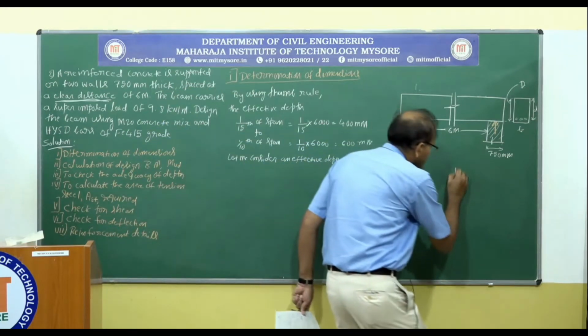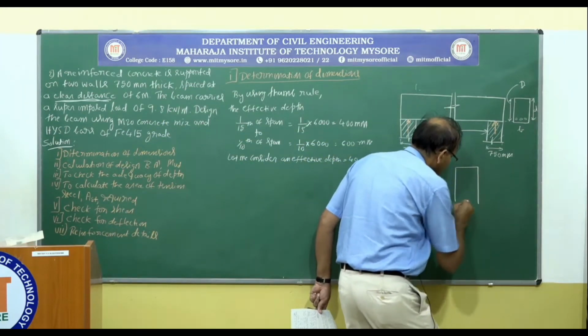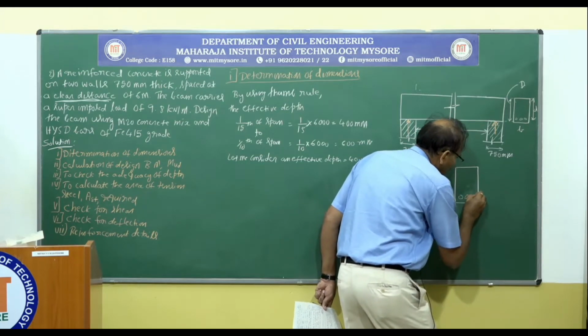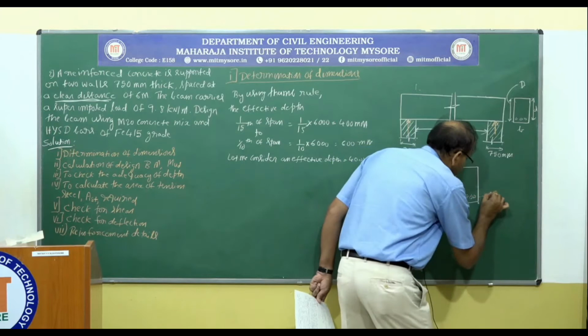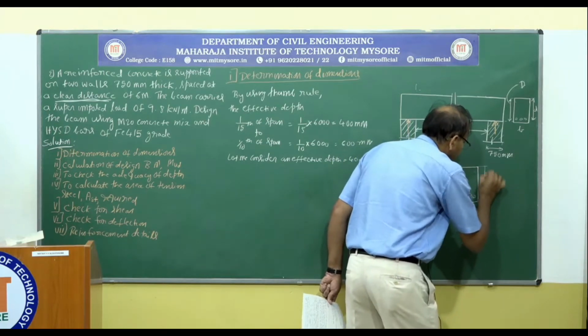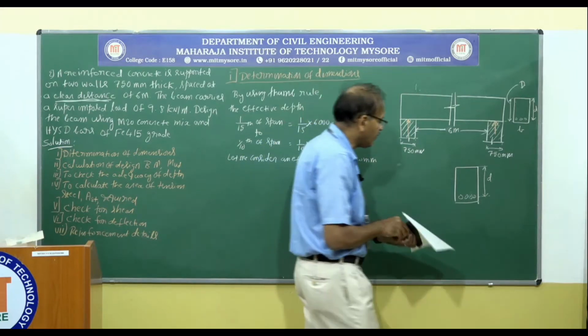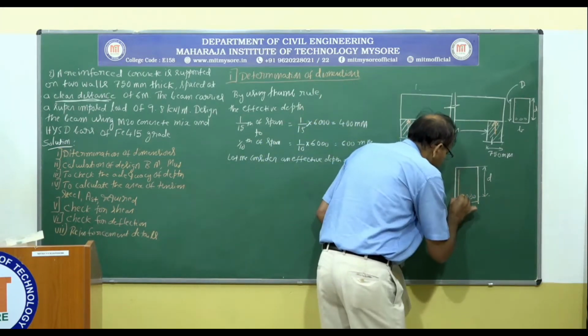So effective depth of the section is measured to the centroid of the tension steel from the compression zone, that is d. And of course, we are going to provide stirrups.